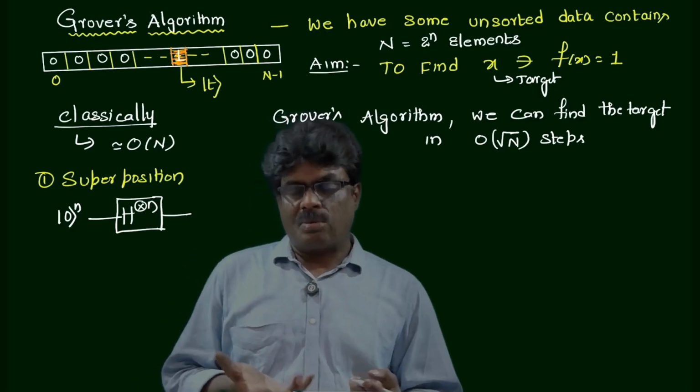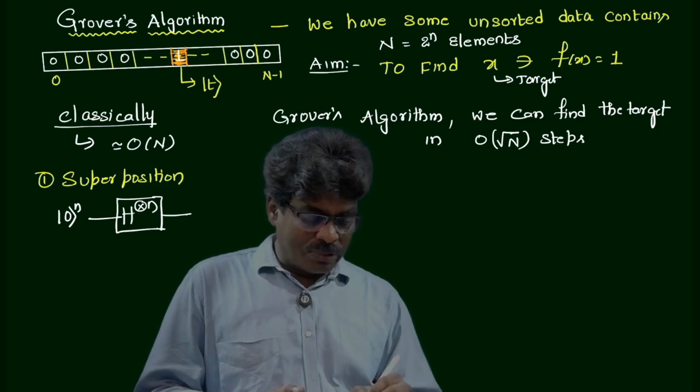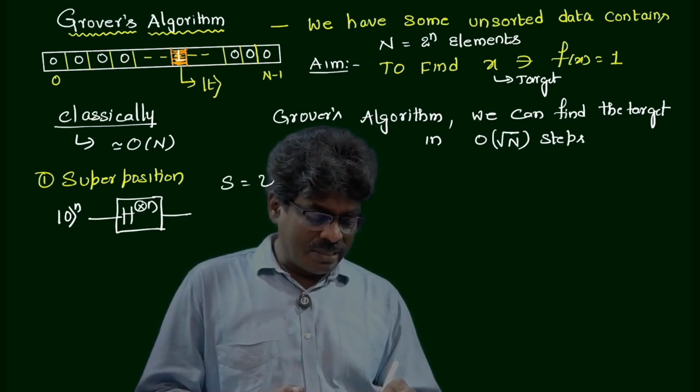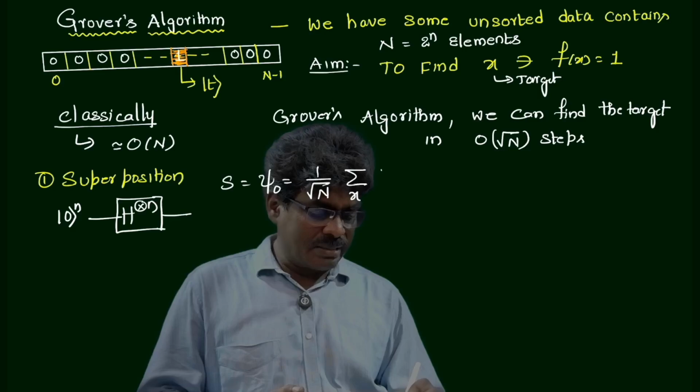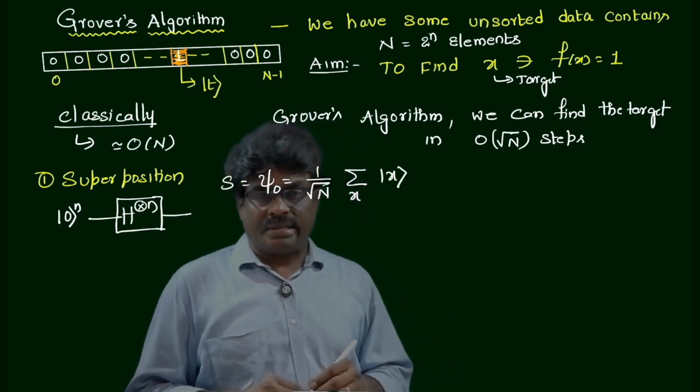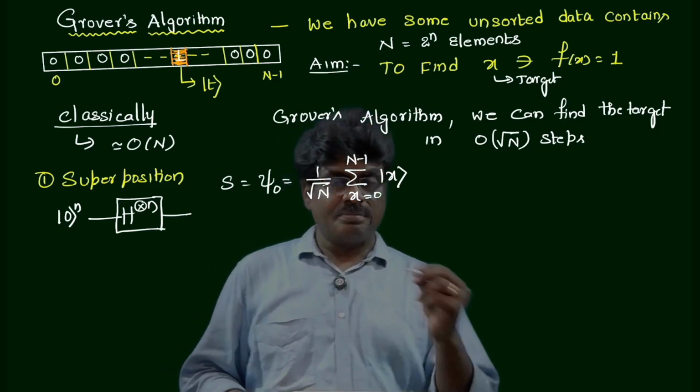This is just like quantum parallelism. And here we got the superposition state. I am taking this as the initial state psi naught, which is equal to 1 over root N summation over x, ket x, where x is equal to 0 to N minus 1.